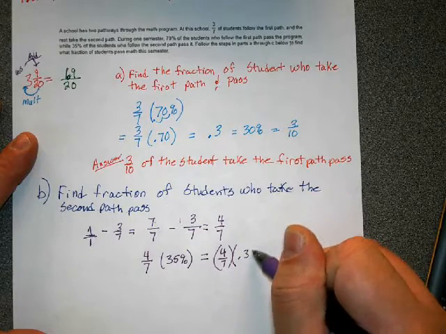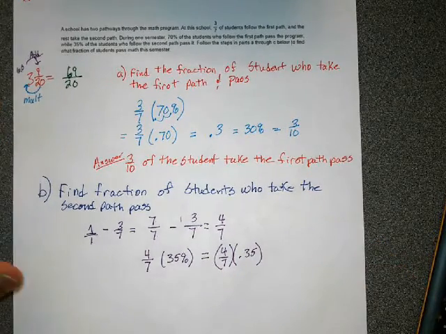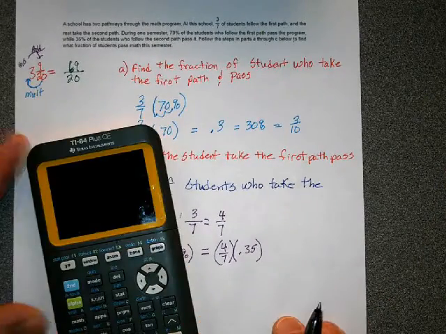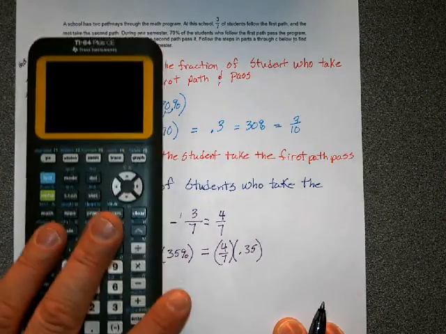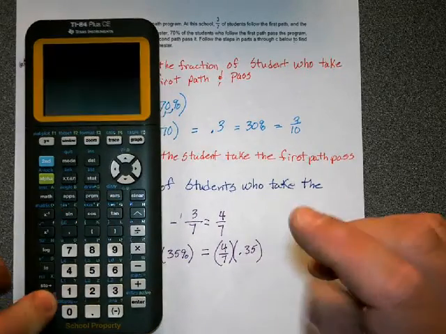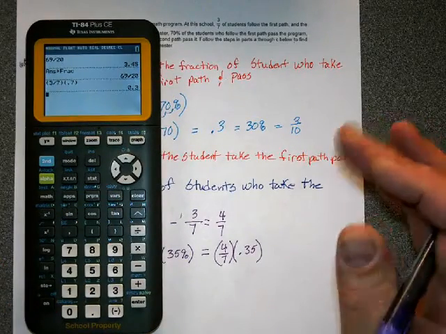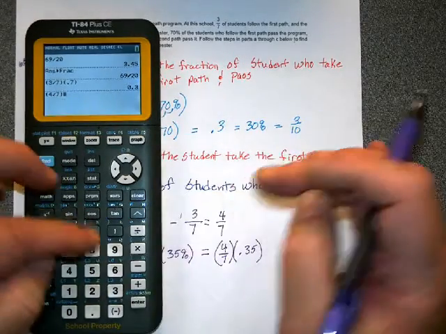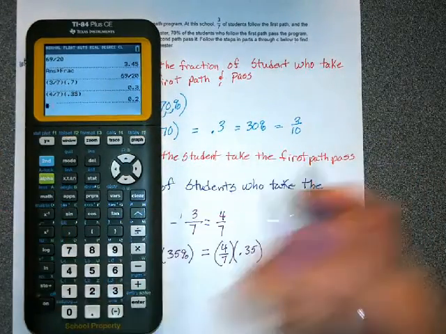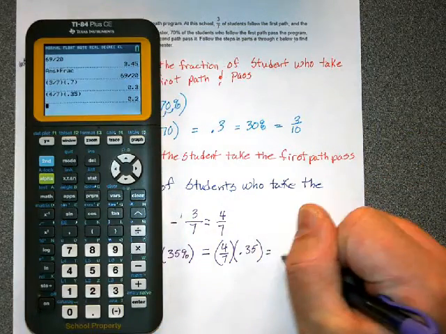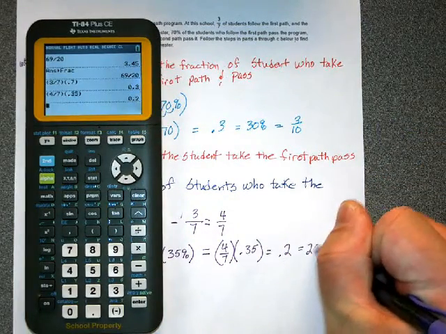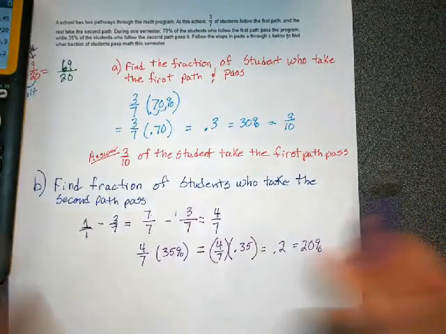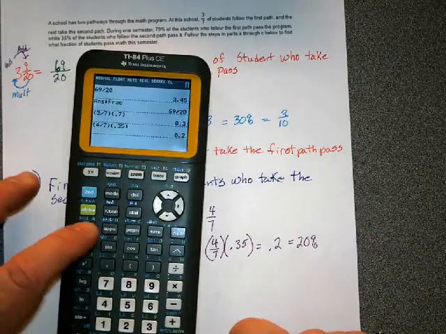And what do I get? Yeah, use your handy dandy calculators. 0.2. I don't know what it is, to tell you the truth. I can't even think this early in the morning. 0.2 or 20%, or they want the fraction, right? So I'm going to hit my math, enter, and I get 1/5.